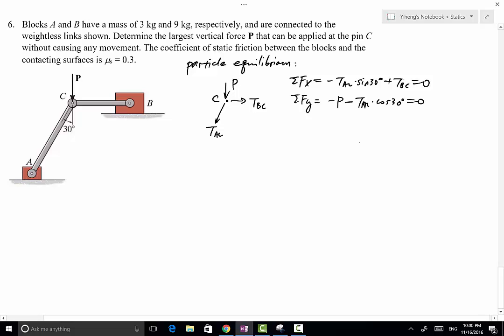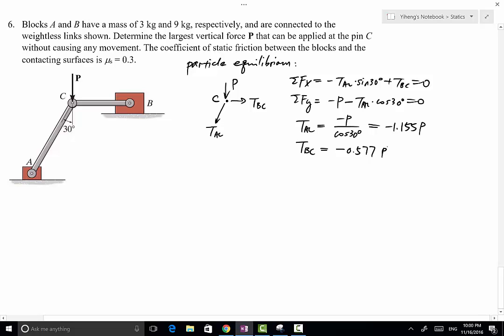From the second equation, you can solve for T_AC to be negative P divided by cosine 30 degrees, which is negative 1.155 P, and then T_BC equals half of T_AC, which is negative 0.577 P. So what does this negative sign mean?